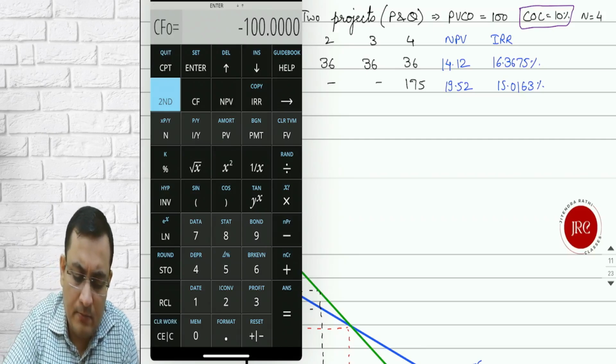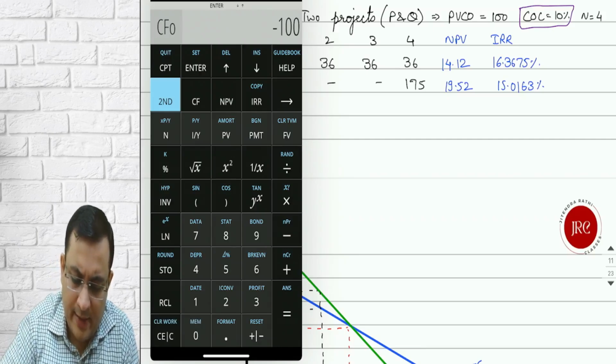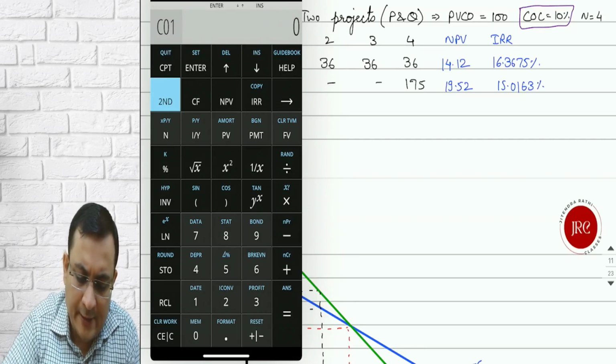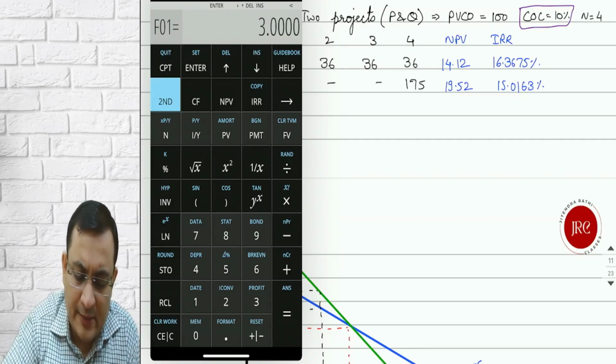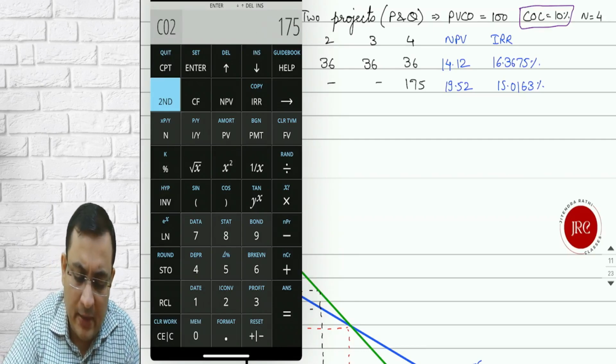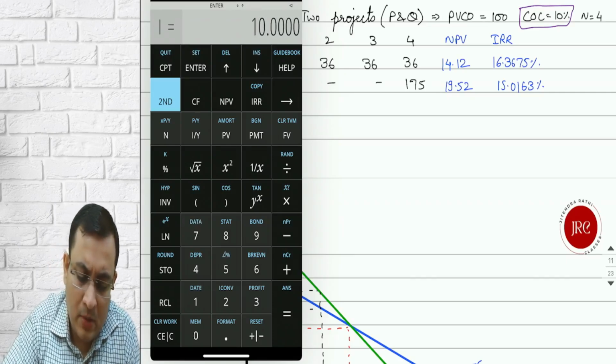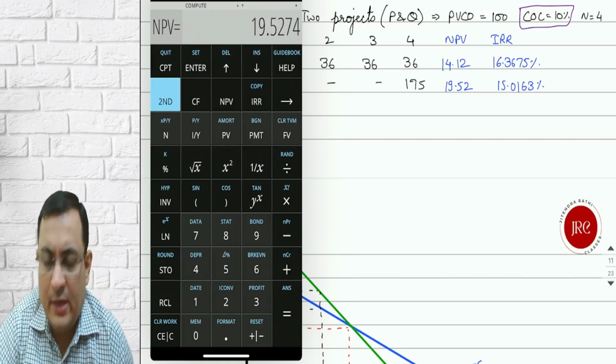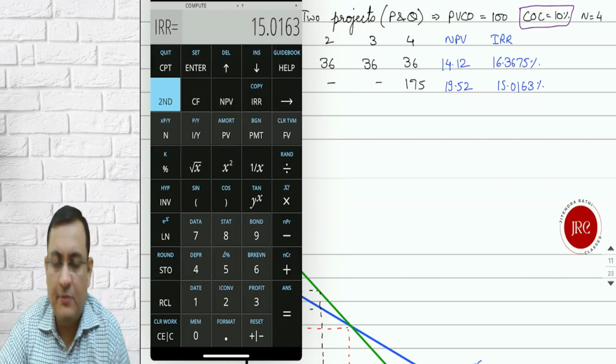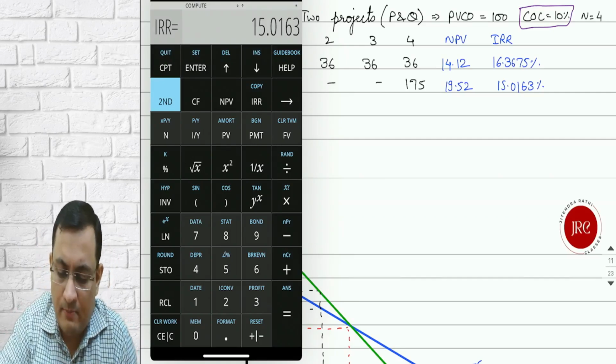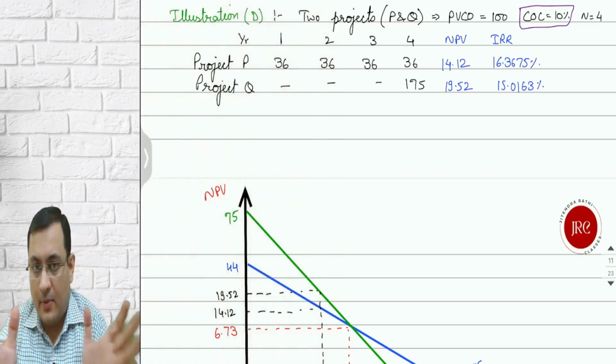Next project: 100 negative, 0 is coming 3 times, frequency 3, and 175. Again 10, NPV 19.52 and IRR is 15.01. Done. Again there is a problem.